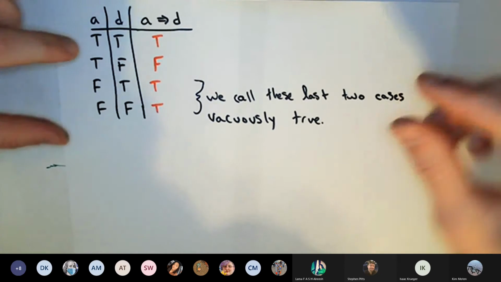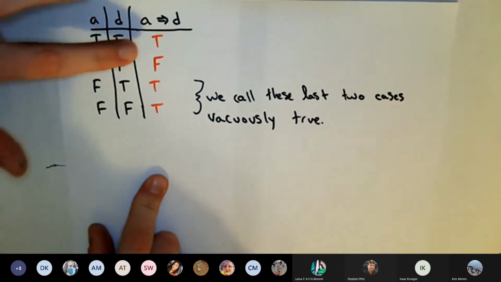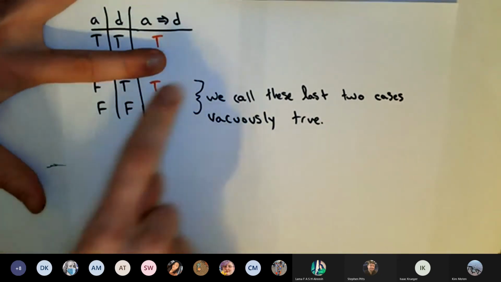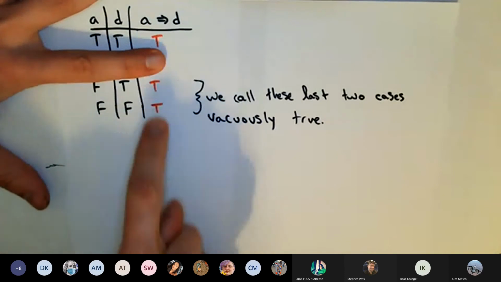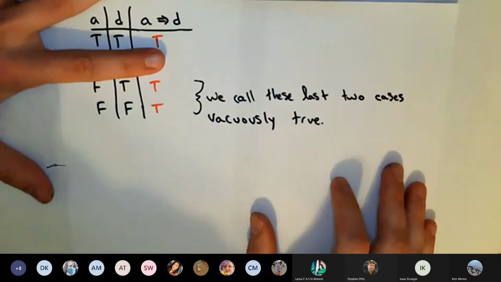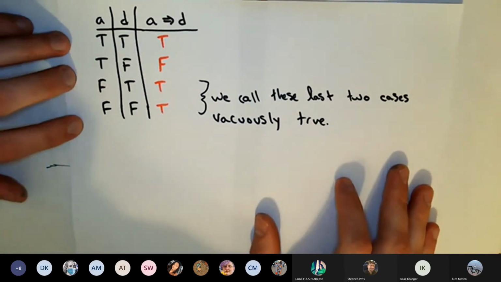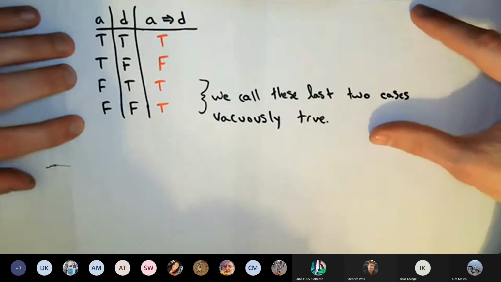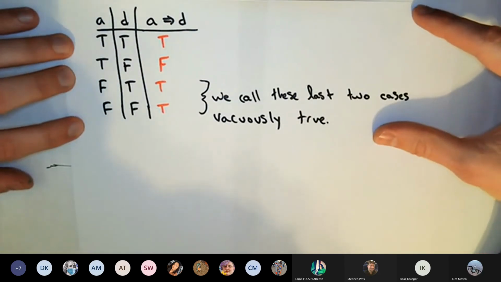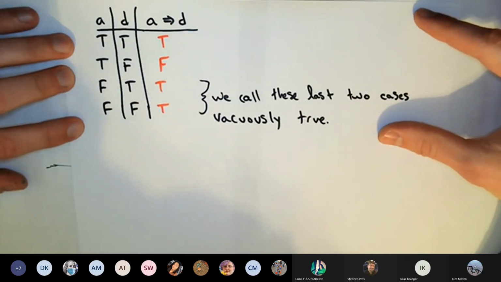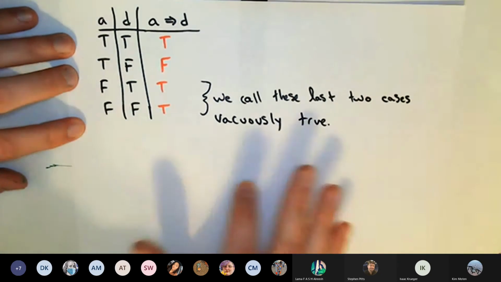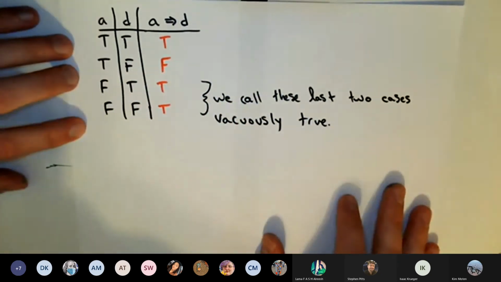Because if you leave out the case where it's falsifiable, then you end up getting all true, right? So you would think that something's true when it's not. We could have a whole discussion about the scientific method and why having falsifiable statements is so important.